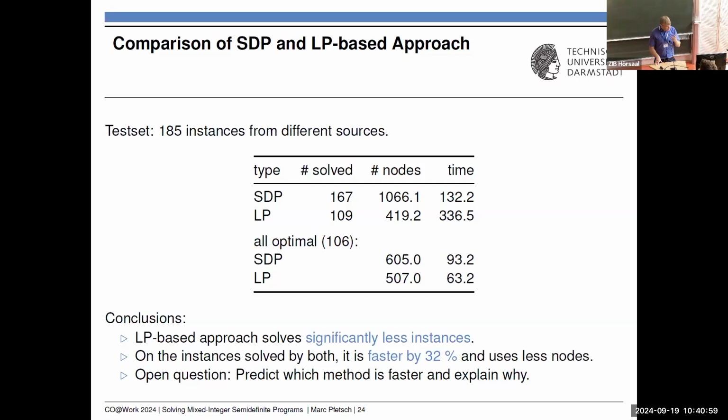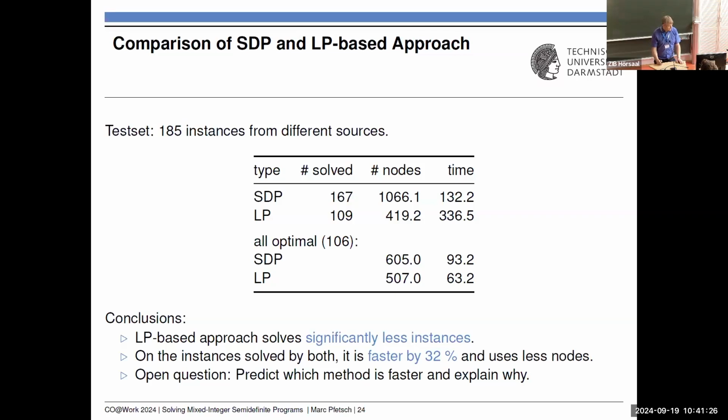So what does this mean? This means you cannot always expect that the linear approach works fast, but if it works, then it's fast. And actually in SCIP-SDP, you can solve both in parallel and stop whenever one is done. So you can take advantage of this if you like.